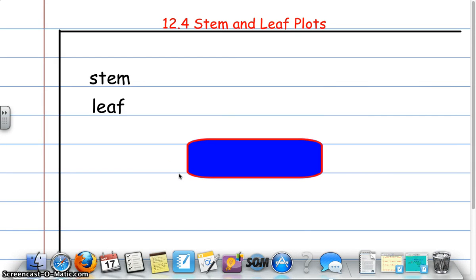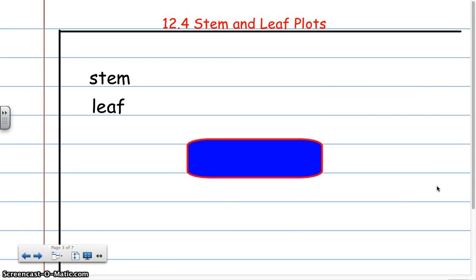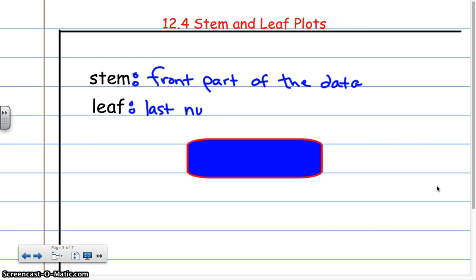12.4, we are talking about stem and leaf plots. Some vocab words that you need to know are the word stem and the word leaf. The stem is the front part of the data, and the leaf is the last number of a data point.